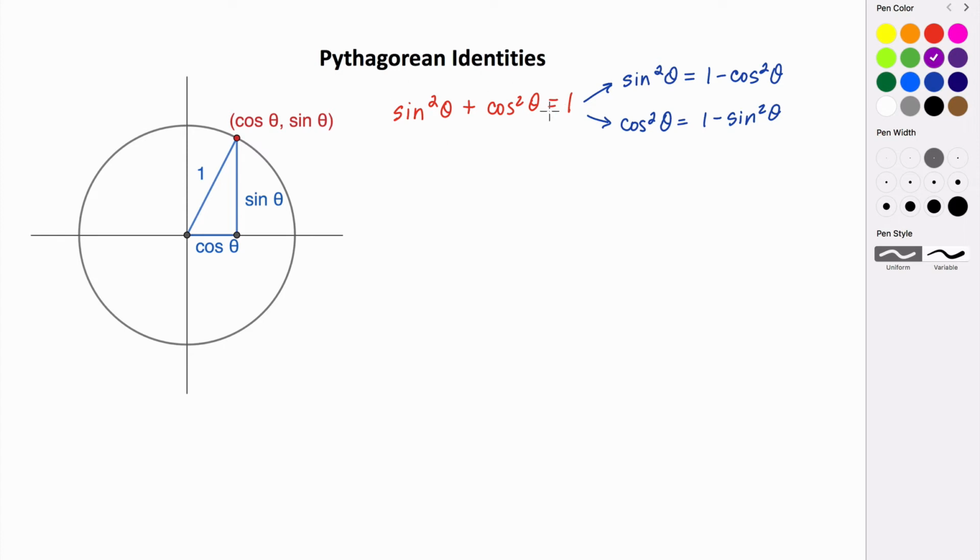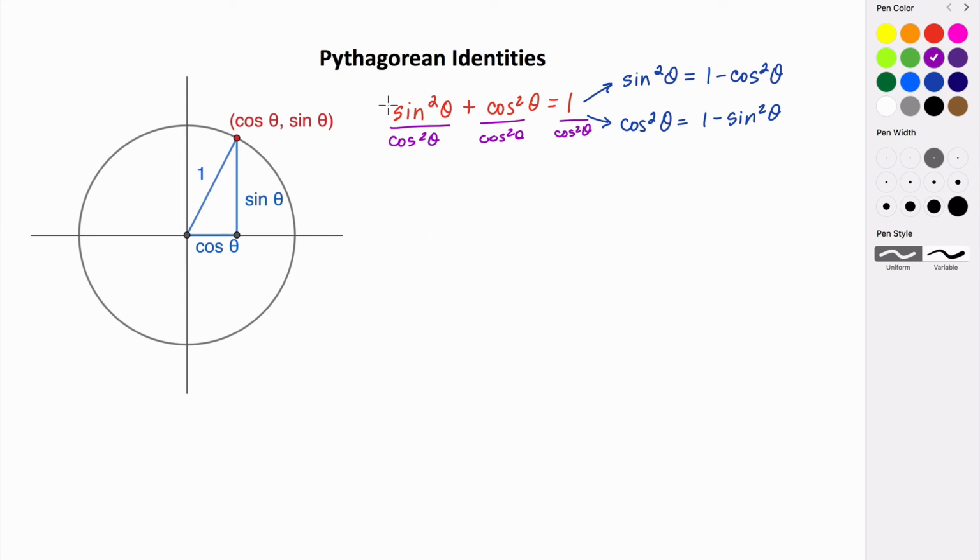Now, maybe sometimes we need things in terms of tangent. So if we wanted something in terms of tangent, we could just take this that we have here and divide everything by cosine squared theta.